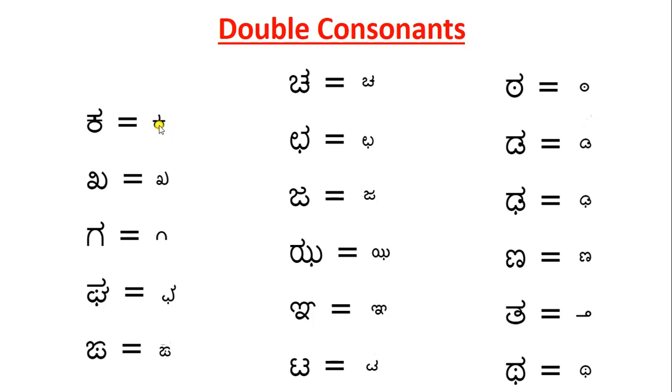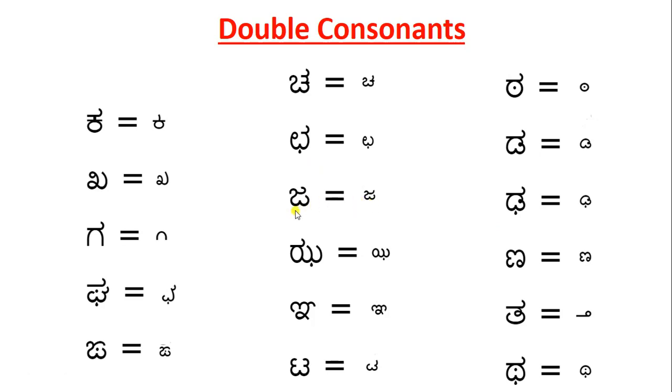Now, the same rule applies for all these things. We do not have different symbols for j, ja, ji, ju, jr, j, jai, jo, jau, jam, jaha. It is this itself for all the sounds of this.